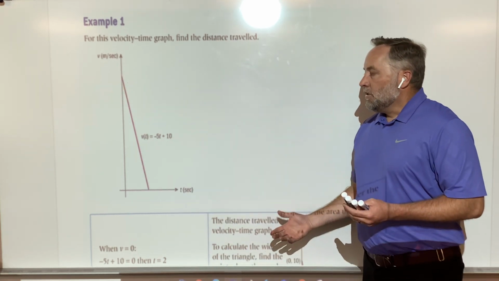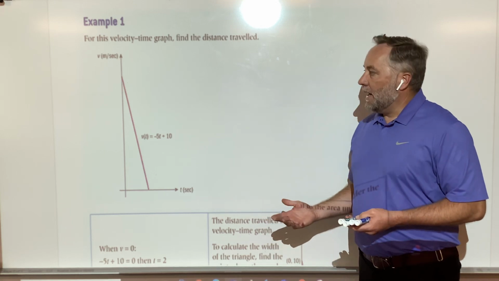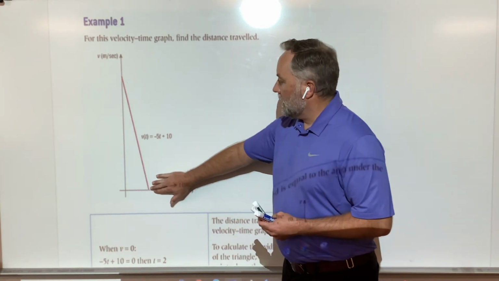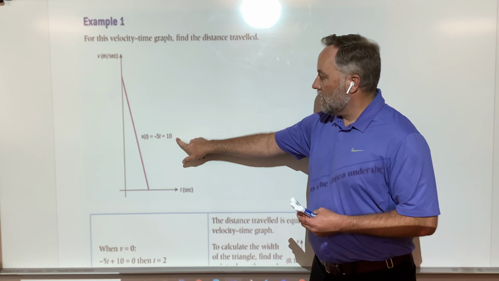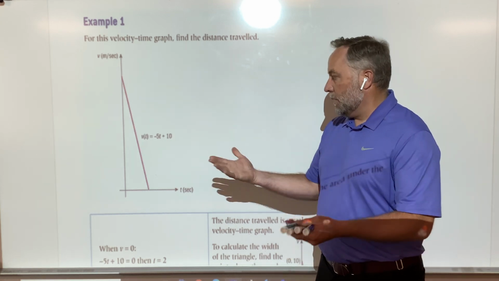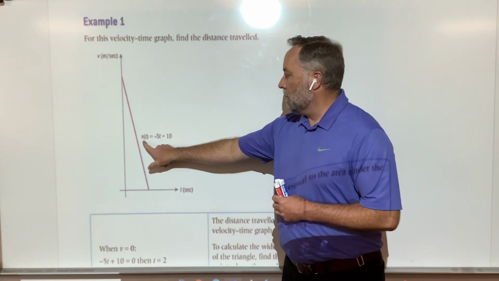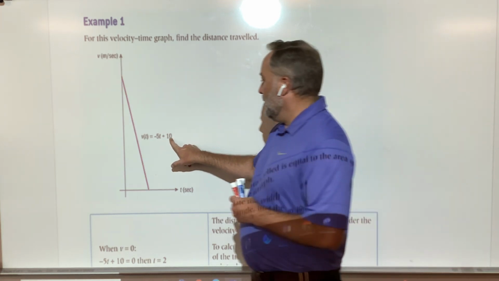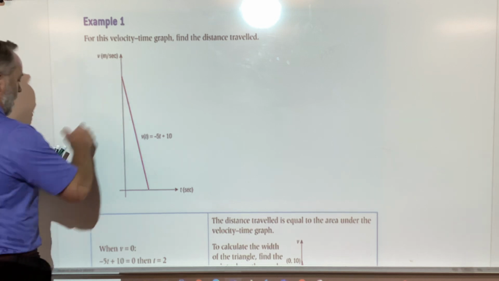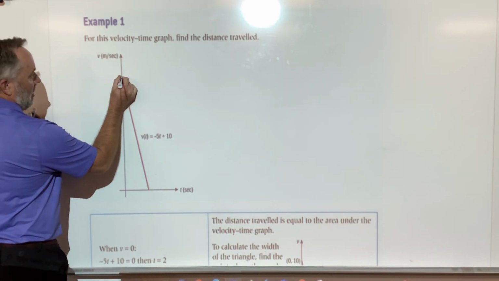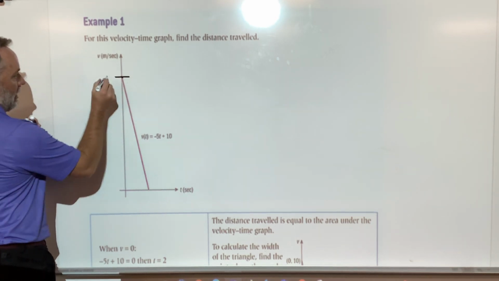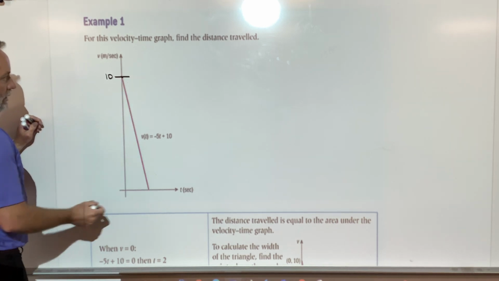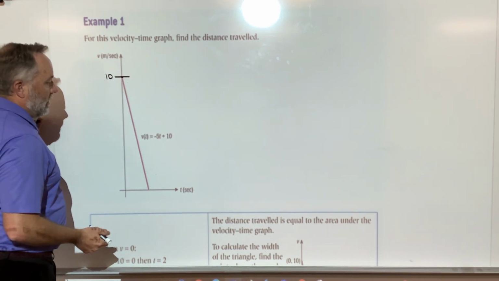But just because it's not labeled doesn't mean we can't find it. So if we are looking at this line, we have this equation for the line. We know that if we put this back into slope-intercept form, this would be y equals mx plus b. And b, the 10, is the y-intercept. So right here, that would be a unit of 10 in the velocity direction.